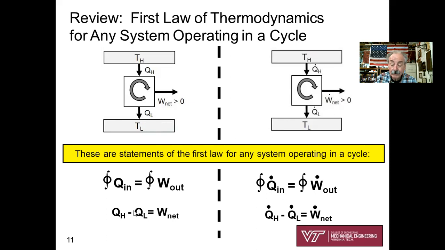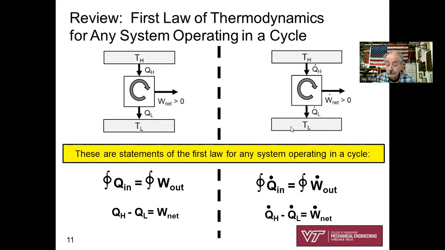That's the cyclic integral of heat in. The cyclic integral of work out: I've only seen one arrow associated with work, and there it is. So the cyclic integral of work out is simply W net. You might say, well, that's a formula. That's where you get the formula, with your eyes: QH minus QL equals W net.